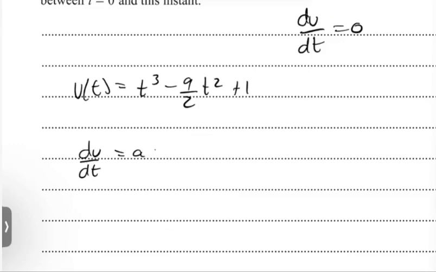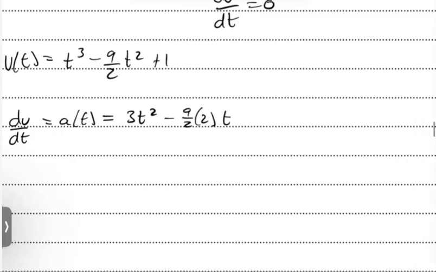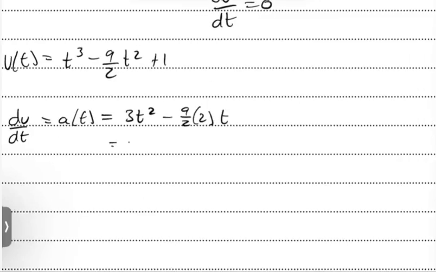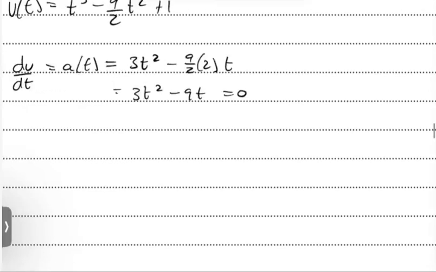That is acceleration in terms of t, and that is 3t squared minus 9t. Now, the other one falls away. And to find the turning points, it must equal 0.